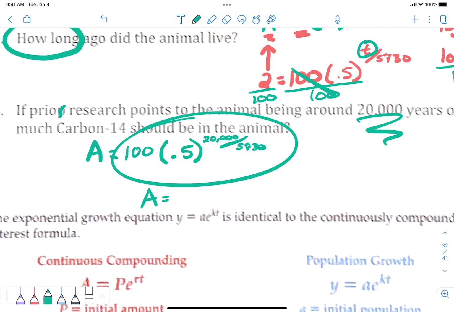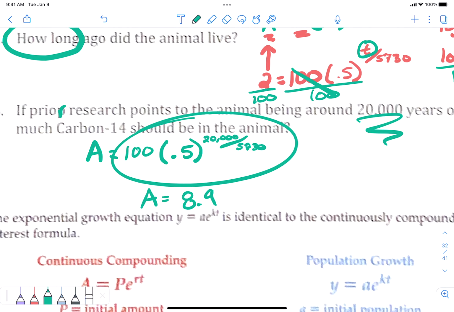We got 8.8. 0.5 to the. Okay, we got the same number. You have to insert parentheses there. 8 point something. So you're going to put parentheses after that. I inserted it. I got 8.9. Did you get 8.9?